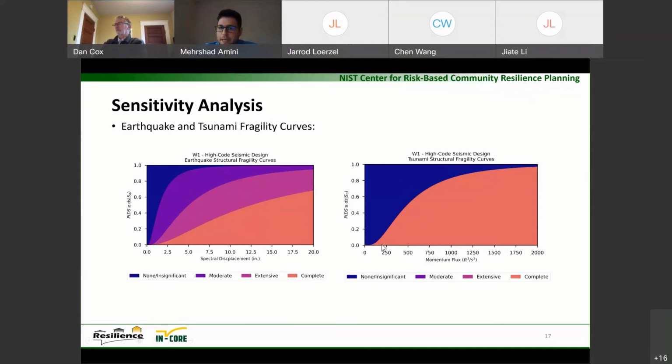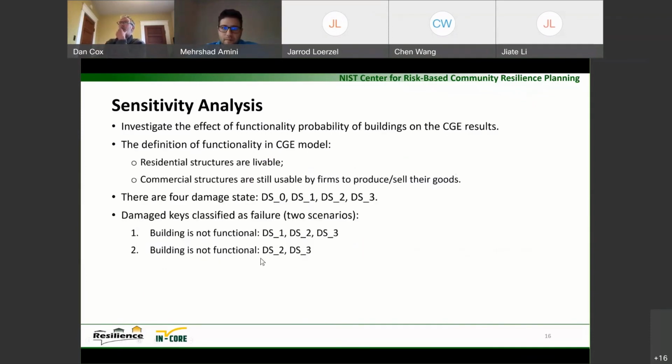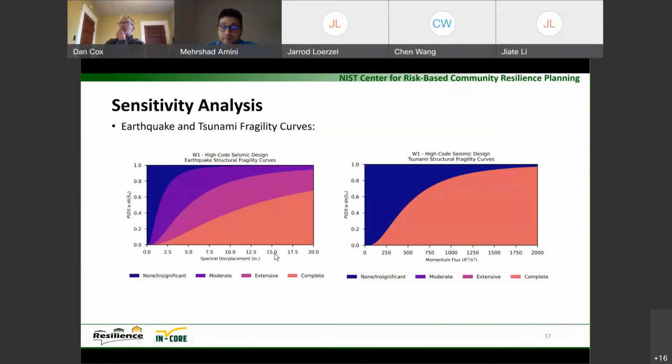But for tsunami, they overlap, and the difference is basically distinguished between none or insignificant and the complete. So based on that, we predict that these 2 scenarios are not going to be sensitive for tsunami because we don't have that detailed information.